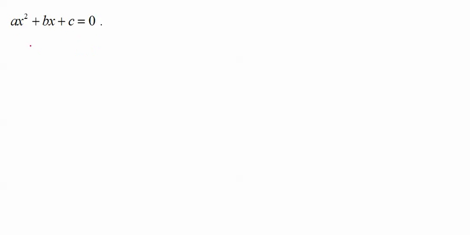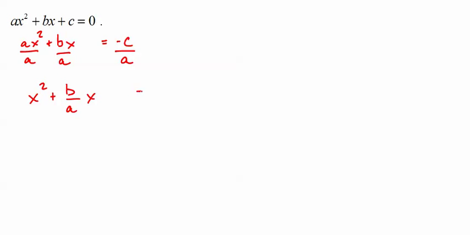Move the c over. ax squared plus bx equals negative c. Divide out the a, that is. We have x squared plus b over a x equals negative c over a.